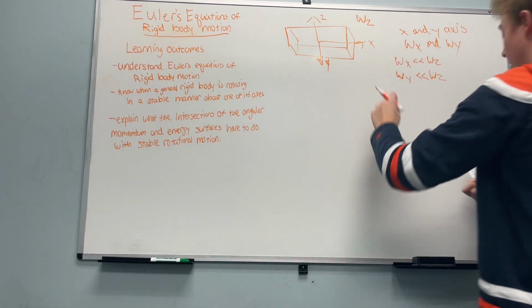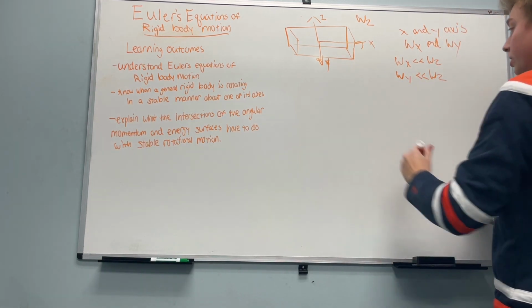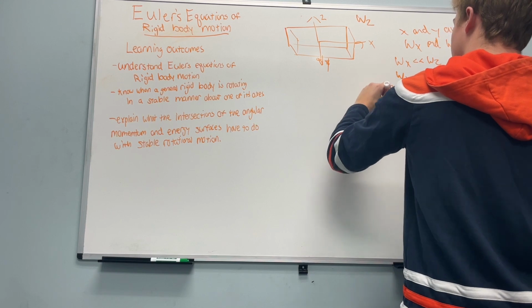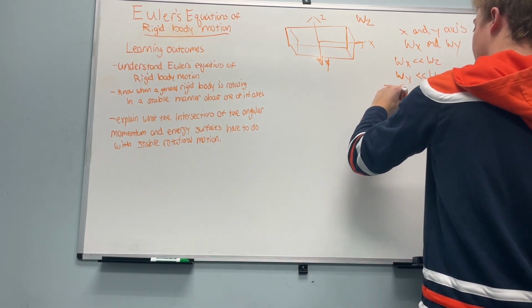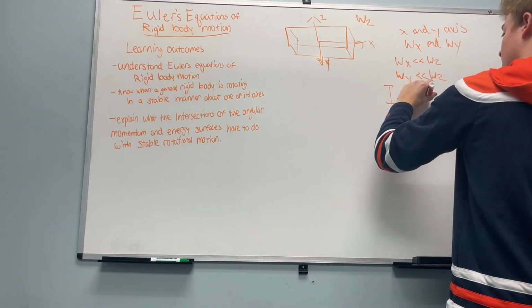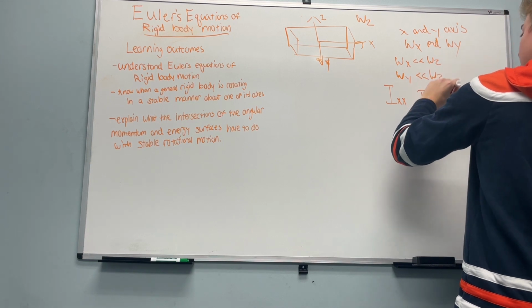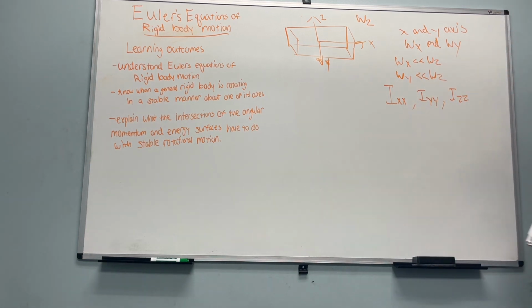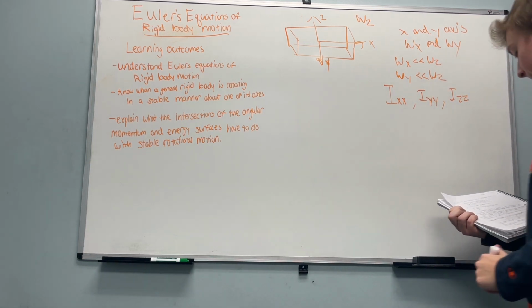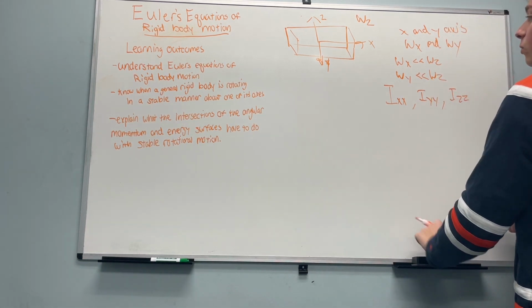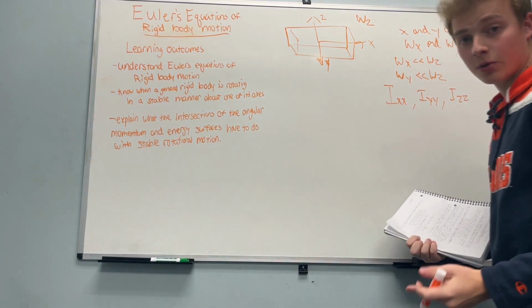And for this problem, the moments of inertia around these axes will be Ixx, Iyy, Izz. And here, we'll assume that there's no external torque.